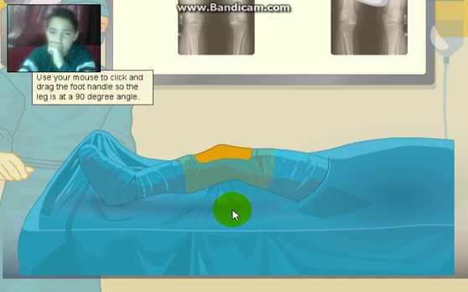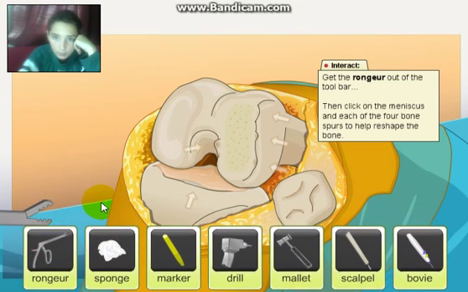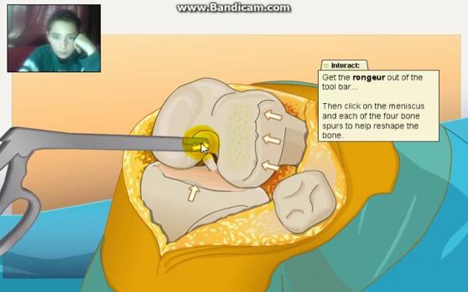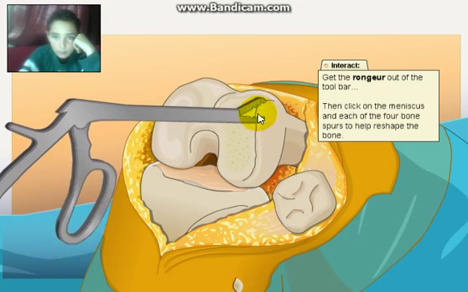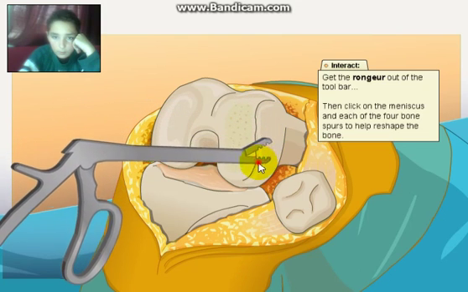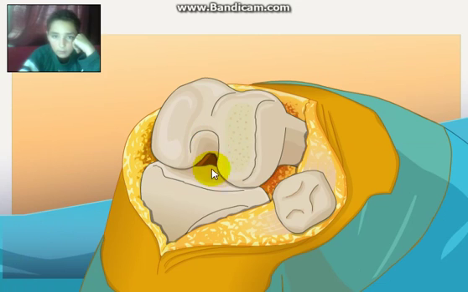Now the leg is at the proper angle. Use the rongeur to remove the anterior cruciate ligament, or ACL, the meniscus, and any bone spurs that may be lurking about. Are you a good sculptor?